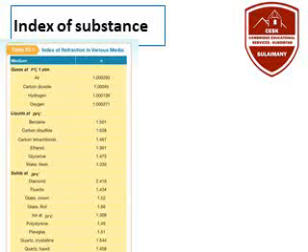So what does it mean when we have an index greater than 1? It means the speed of light in air is the maximum velocity.